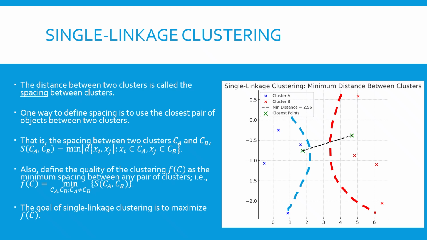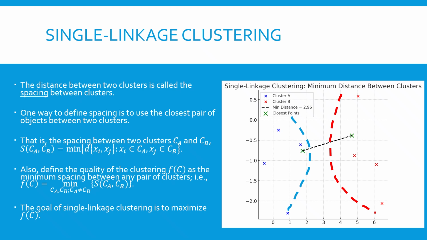Formally, for clusters CA and CB, the spacing S(CA, CB) is the minimum distance between any object xi in CA and any object xj in CB. Because this method uses the single closest pair to represent cluster similarity, the resulting approach is called single-linkage clustering.